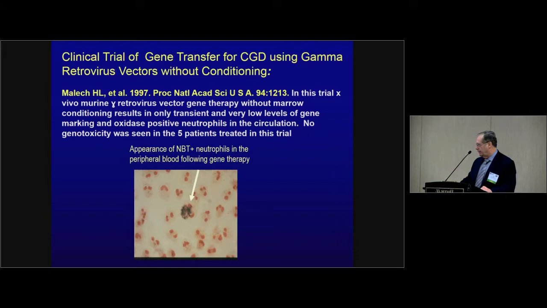I think the outcomes of this trial, which we didn't really fix the patients very well, but in retrospect, we learned a lot, and I think we even learn more now, as you'll see in the progression of things as we go along. So just to show you, looking through the microscope, yes, patients ended up with circulating neutrophils at very low level.